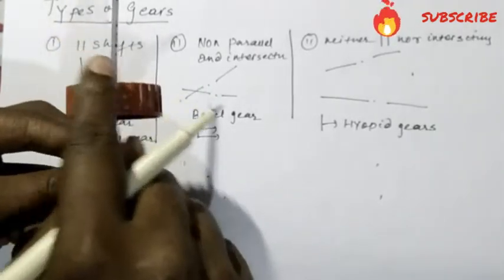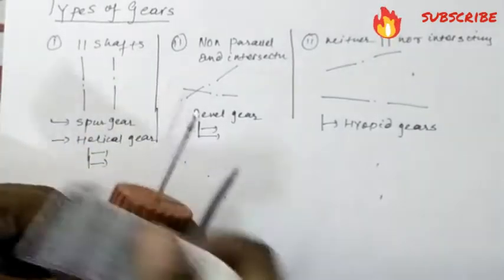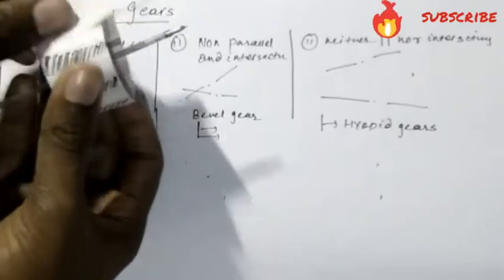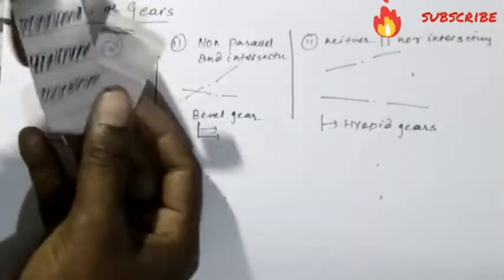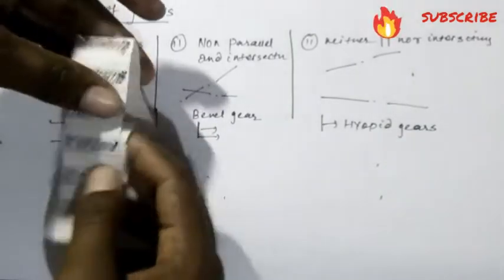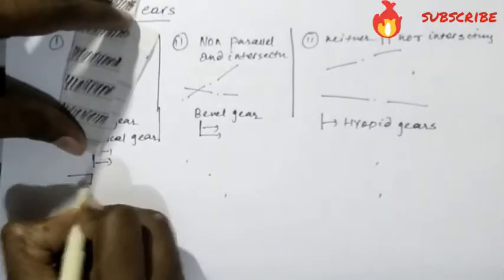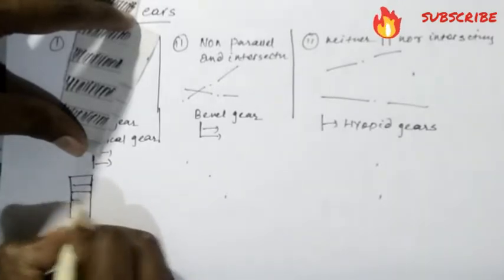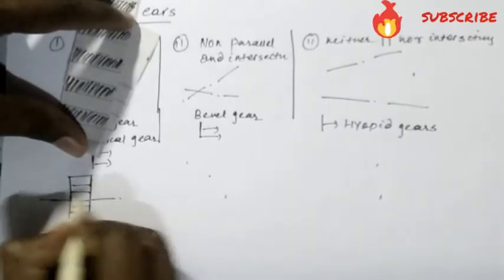Now we will move on to the classification. Suppose this is the gear. It looks something like this. When you see from the front view, you will see this one gear, something like this. So we can always draw the spur gear like this, and these teeth are parallel to the shaft.